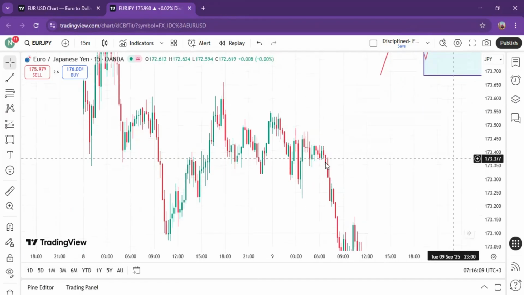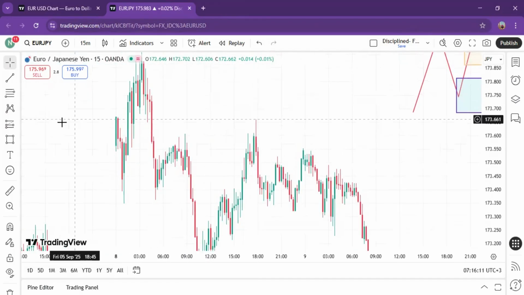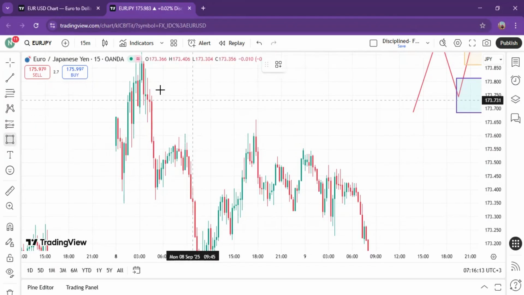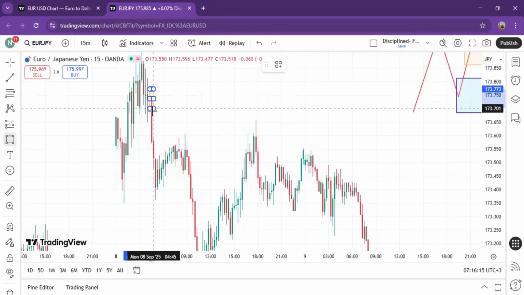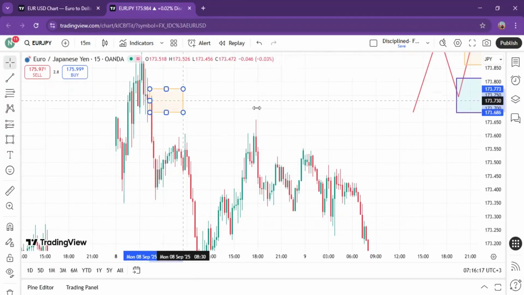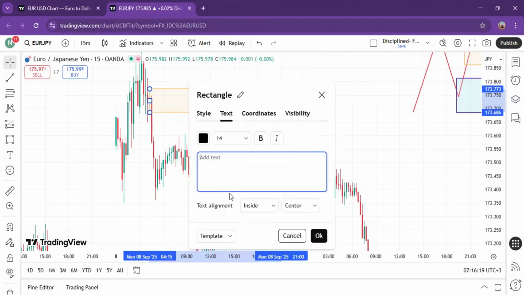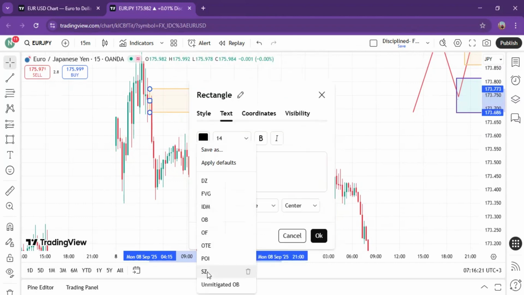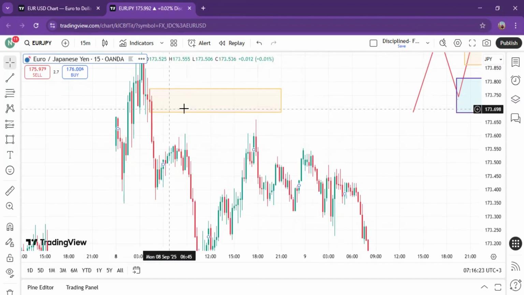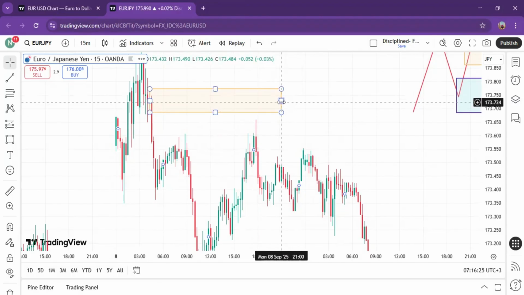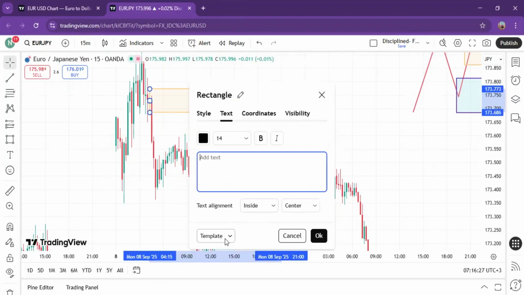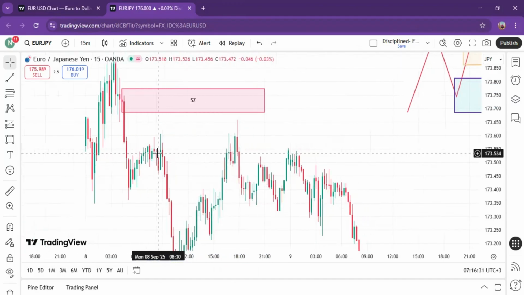So at this point, you have a point of interest, which is this supply zone at this point. Though the market does not come all the way to this supply zone. But let's fix our eyes at this point here.